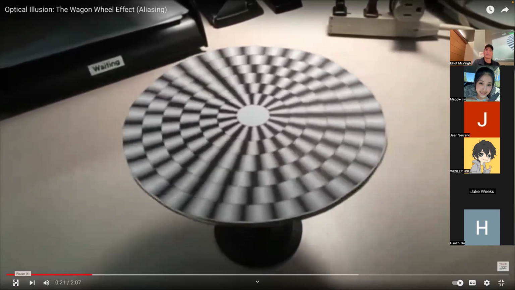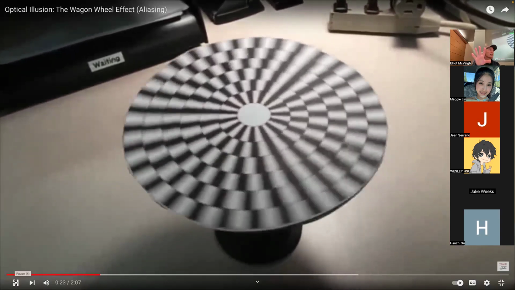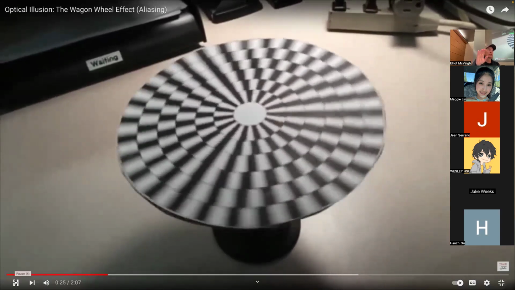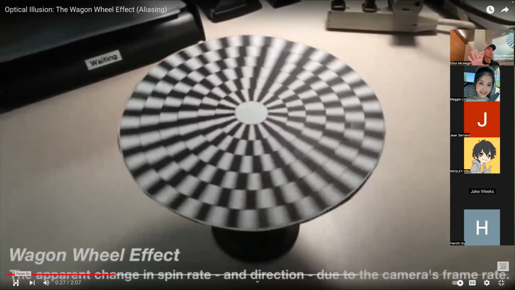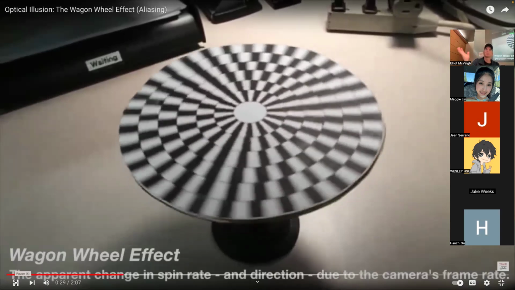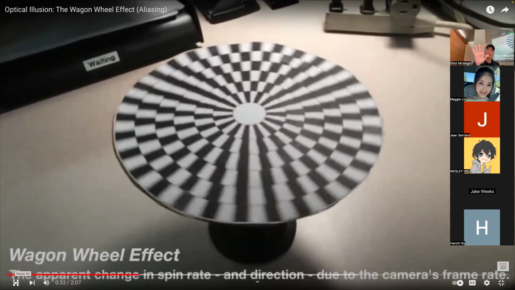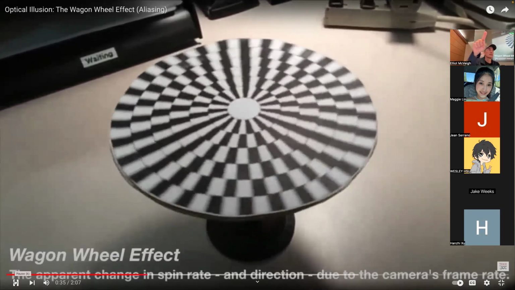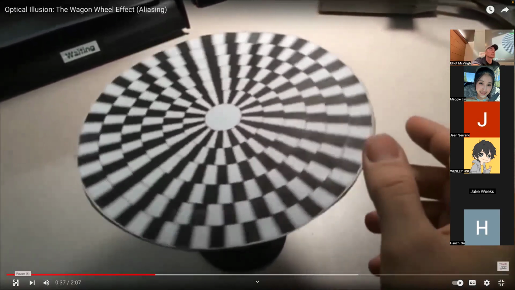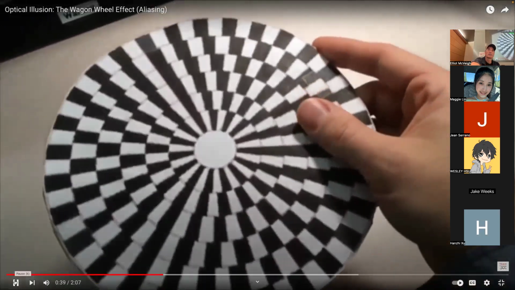And the reason is the camera that is taking this movie is capturing frames at a certain frequency. It's coming in at, say, 20 frames a second or something like that. And that 20 frames a second is interfering with the frequency that's occurring in this pattern. And so you get it completely confused as to what's doing what.